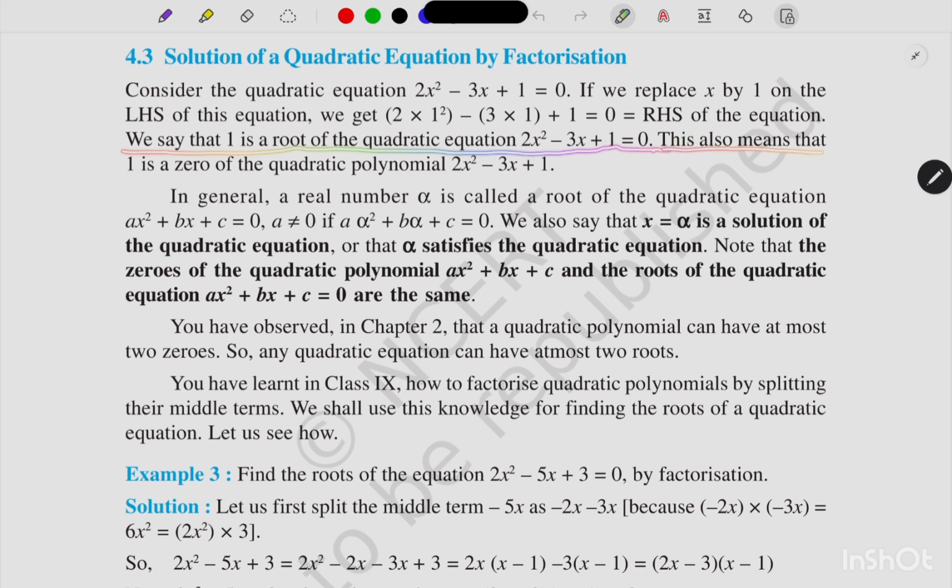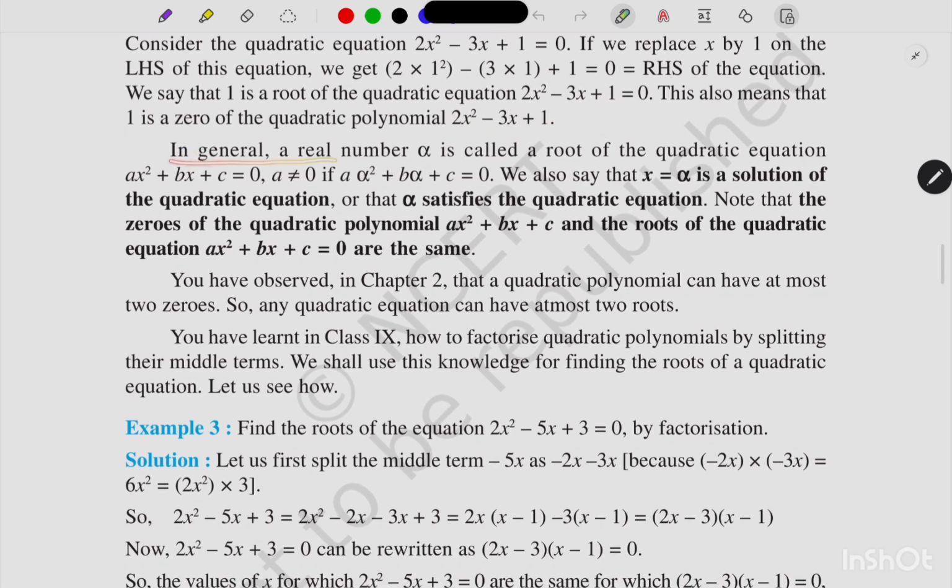This also means that 1 is a zero of the quadratic polynomial 2x square minus 3x plus 1. What does that mean? If you apply 1 in this quadratic polynomial, then the answer will be 0. Basically, that is the meaning. So in general, a real number alpha is called the root of a quadratic equation ax square plus bx plus c is equal to 0, where a not equal to 0 and a, b, c belong to real numbers, if a alpha square plus b alpha plus c is equal to 0.